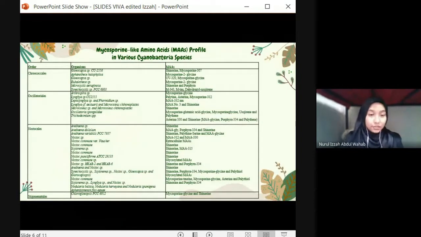I took 3 types of MAAs that are common, which are Shinorine, Porphyra-334, and Mycosporine-glycine, to further elaborate on their properties later. However, from a database, there are approximately 74 compounds that have been identified from various kinds of MAA-producing organisms, such as algae, coral, lichen, and some terrestrial animals. But from the table, there are only 31 types of MAAs that are produced by the 4 orders of cyanobacteria.